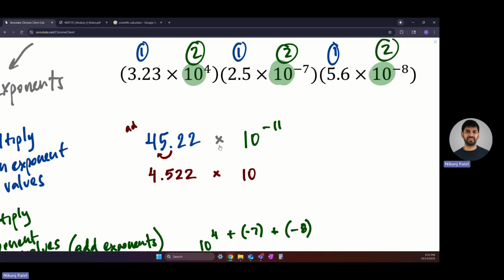whenever we move our decimal to the left, that indicates that we should add 1 to the exponent in our next answer. Right here, add 1 to the exponent, meaning this exponent right here. I should actually write this over here.